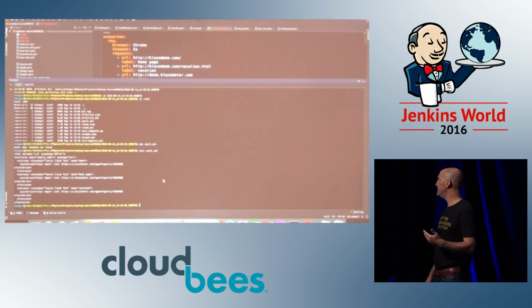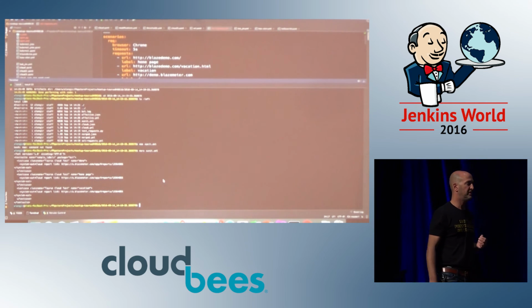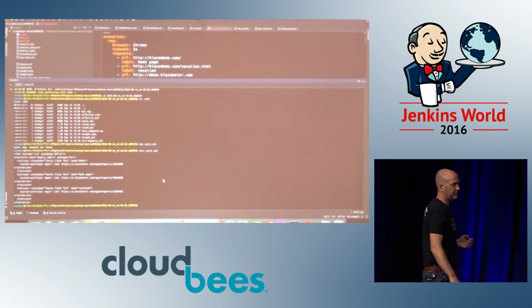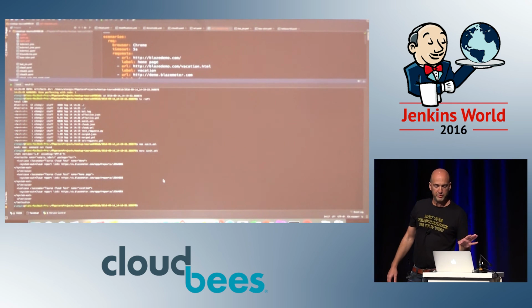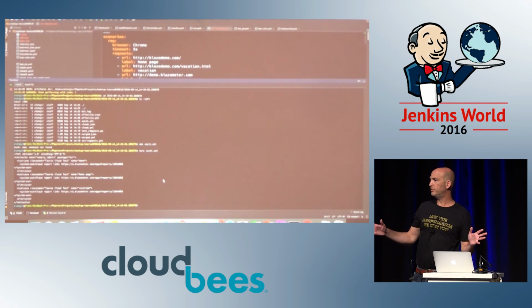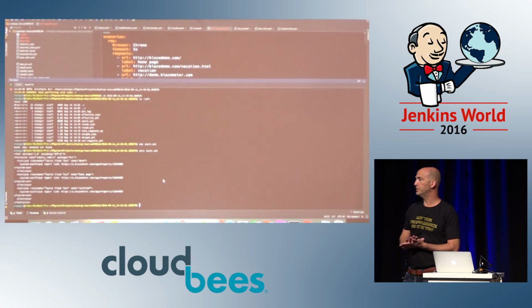So whenever the test ends, Jenkins can look at it and continue with the successes and failures of it. So that's for the portion of the demo. Let me know if you have any questions or point of interest here.